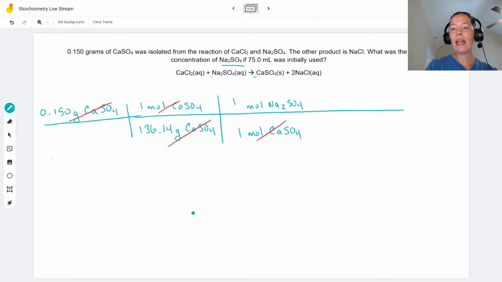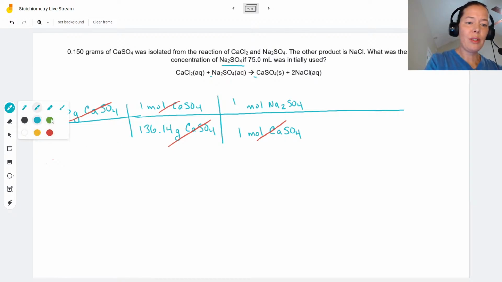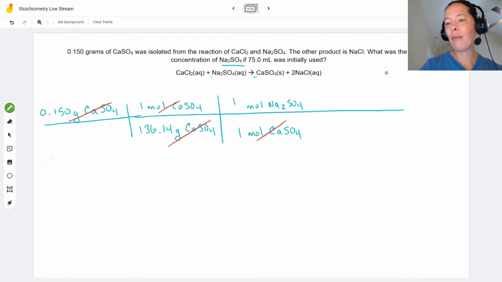Okay, so again, we want concentration. We're given a volume. So I know I'm going to use, let me just go green here, again, my molarity. In this case, it's going to be my moles of solute, which is sodium sulfate, over my liters of solution.